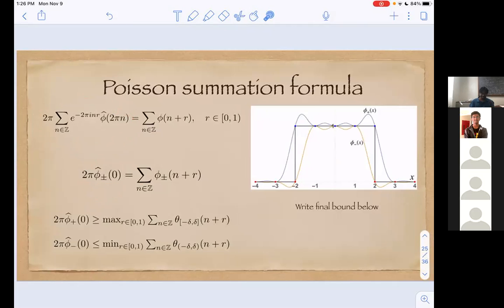That's a crucial simplification. On the left hand side, I have this, and on the right hand side, I have a sum over integers. Now I know phi plus and phi minus are the majorizer and the minorizer of the characteristic function, so I can use these bounds and replace phi plus and phi minus with these theta functions. That immediately gives a lower bound on phi plus hat 0, and an upper bound on phi minus hat 0.